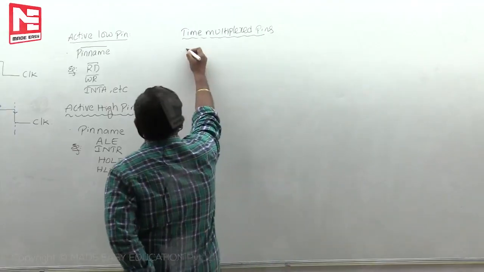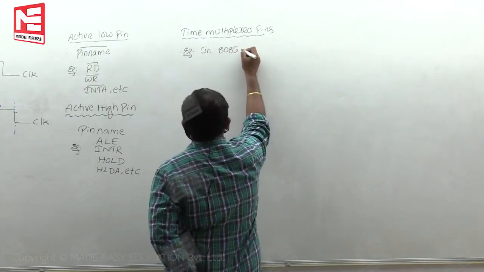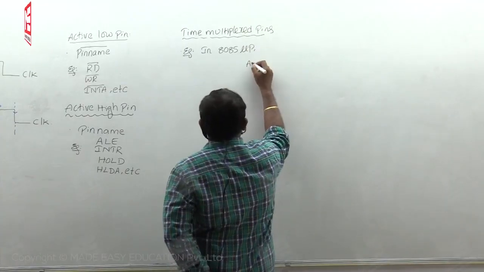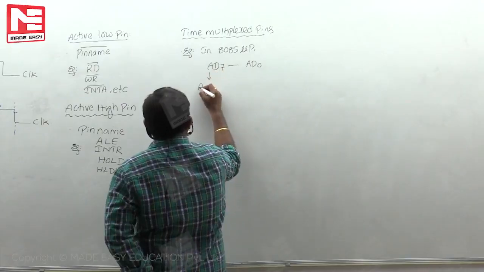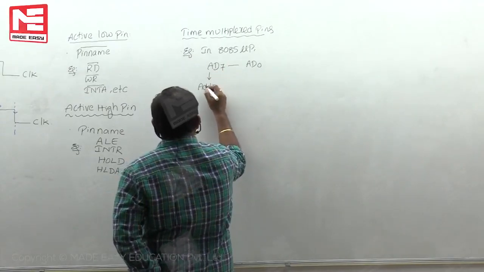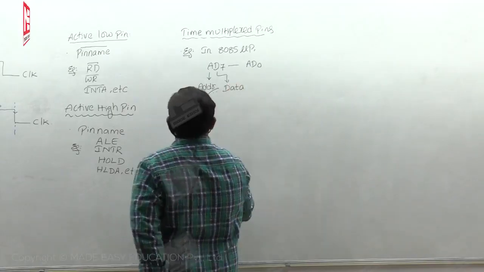Right? For example, the 8085 microprocessor is an 8-bit CPU. So AD0 to AD7. A stands for address and D stands for data. So the pin is capable of carrying both address and data.